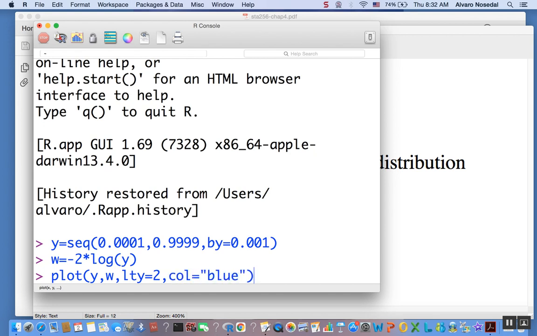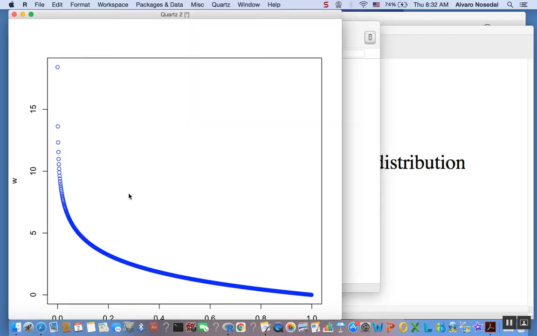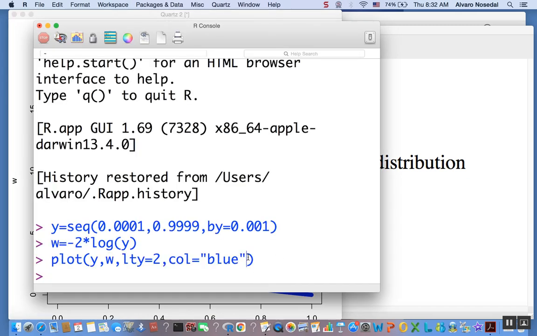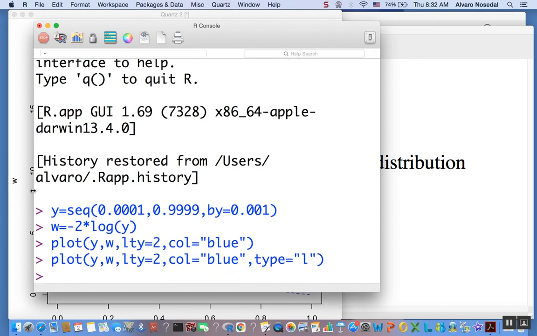Let's see. Well, in this case it gave me points because I didn't say what kind of line I wanted. So with type equals L, I'm going to have a line.